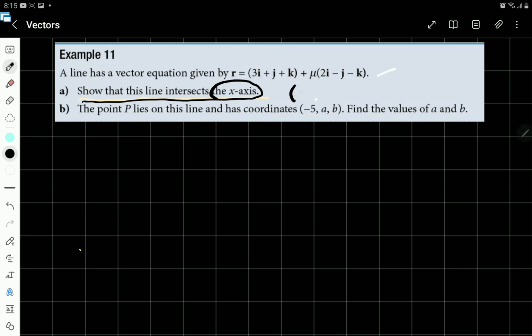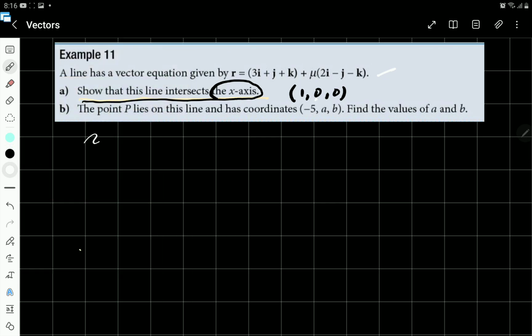So the point is (1, 0, 0). Basically, this is the same thing as the previous example: show or prove that (1, 0, 0) lies on this line.